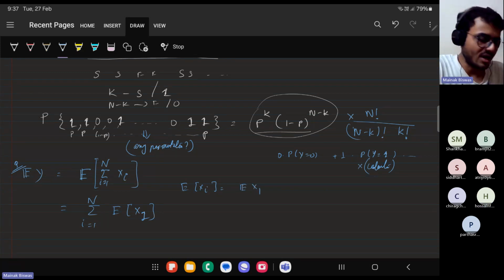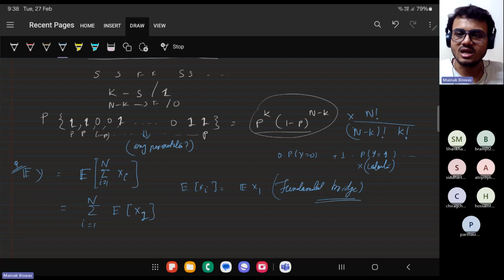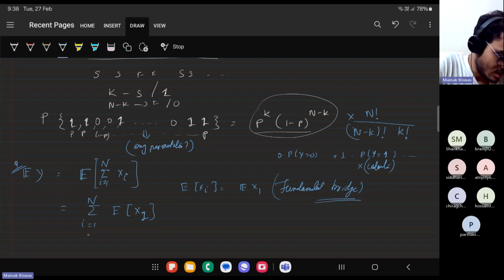This is called the fundamental bridge. Last time I had given, Brahmujit may remember, that if you can write things as a sum of even dependent random variables, then you can always use the linearity of expectation. And then it is n into p.